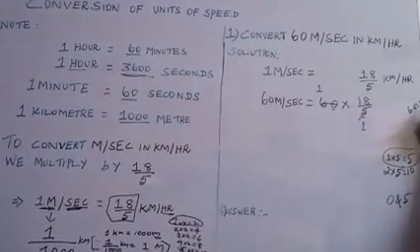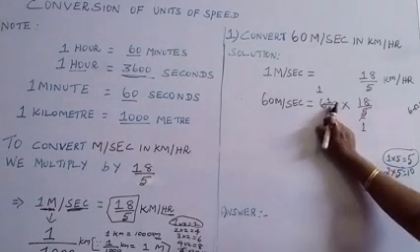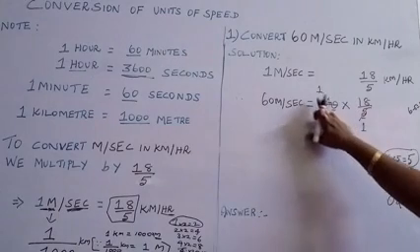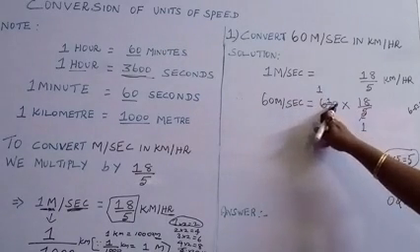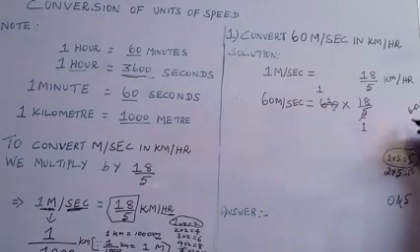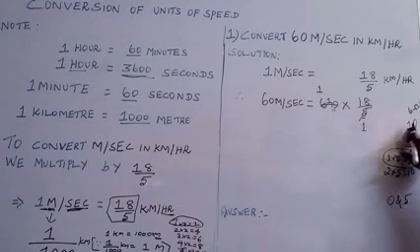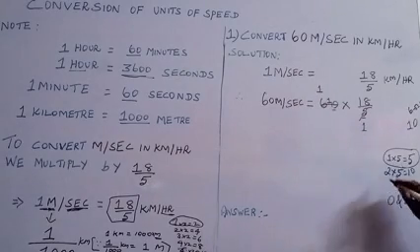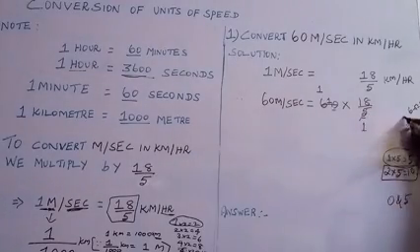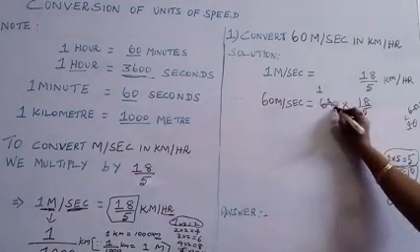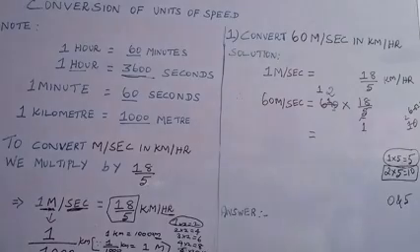That one you put here. So now what you get? 10. How many times 5 in 10? 2 5s are 10, so 2 times. I cut the 10 and write 2, so I get 12, children.